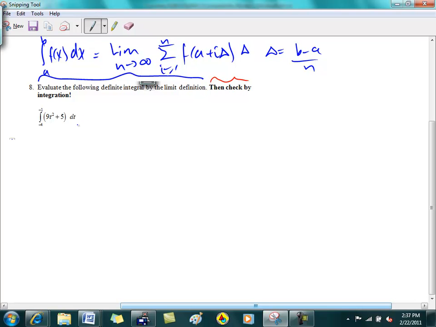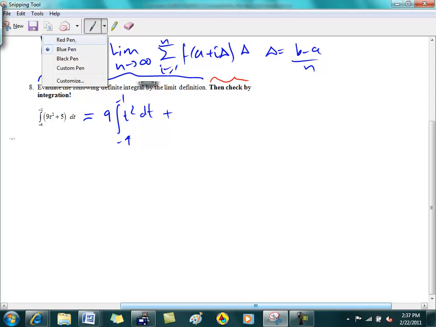So the problem we have here, we need to split this up into 2 pieces, okay? So there's one piece that is the 9 t squared from minus 4 to minus 1 dt, and then there's the other piece which is the 5 integral dt with the same limits, okay?